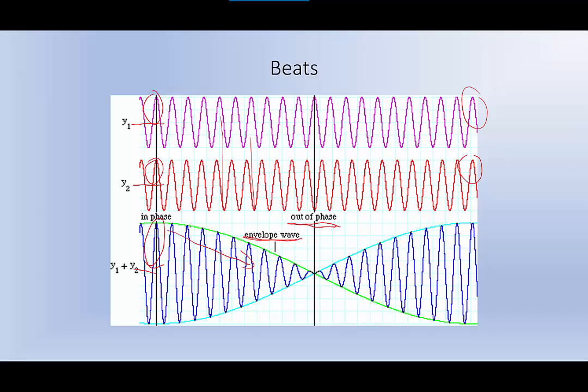And the frequency of the envelope wave is easily determined by subtracting the frequencies of the waves that make it up. The frequency of y1 plus y2 is what we call the beat frequency. It is simply the absolute value of the frequency of y1 minus the frequency of y2.